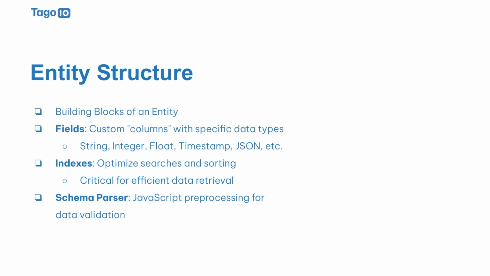You also have indexes. So index is very important for optimizing the speed of your entities for search and sorting. So sometimes you don't want the table to be organized, when you show a table, by the last data that had been created.